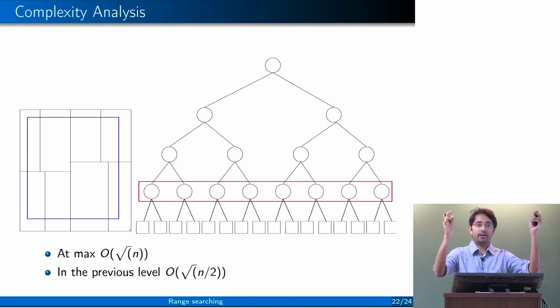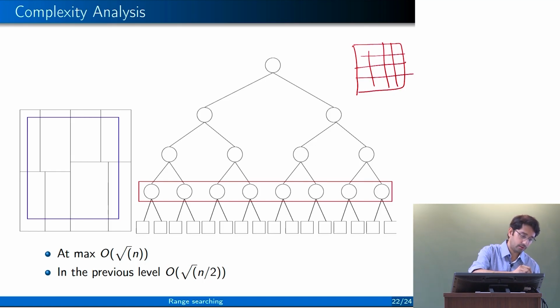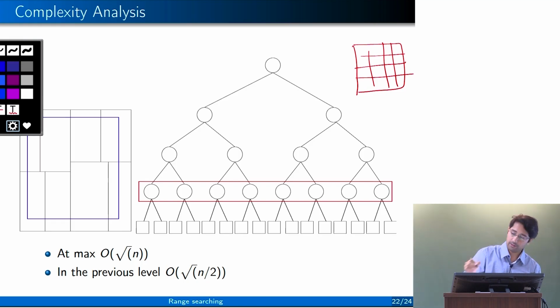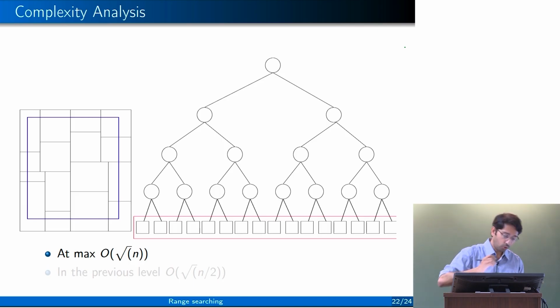You have a root n cross root n grid. Think of this grid as something like this. If I draw a straight line, how many boxes can I intersect? Root n, right? That is what I am doing here. Only think about this line, forget about 4. Whatever number I get, I will multiply with 4.